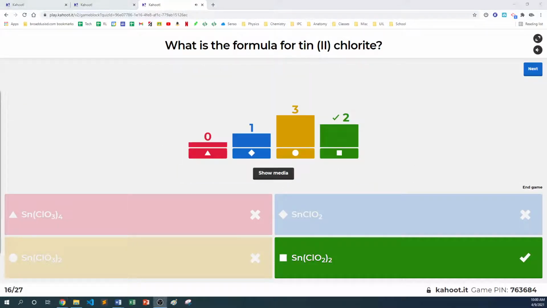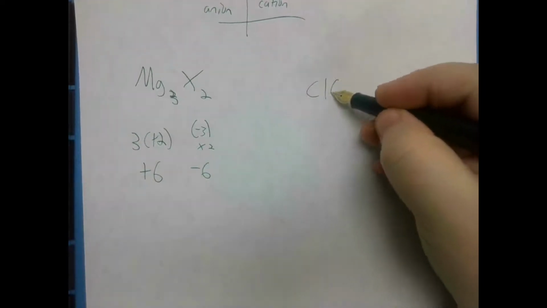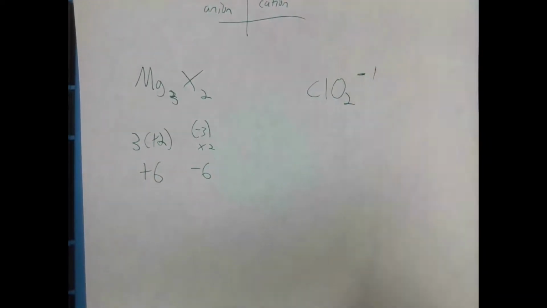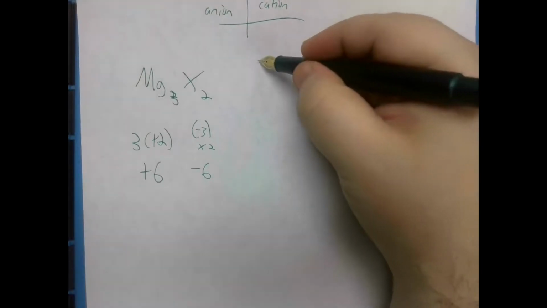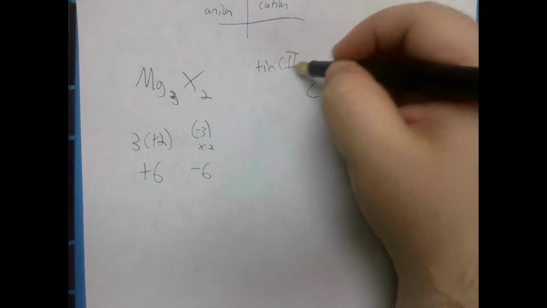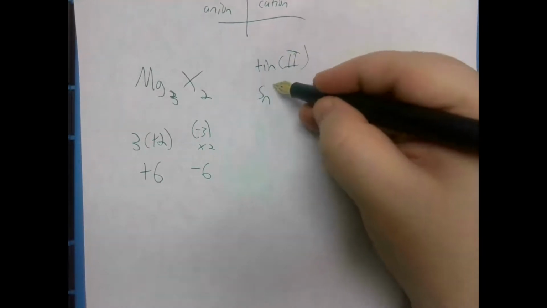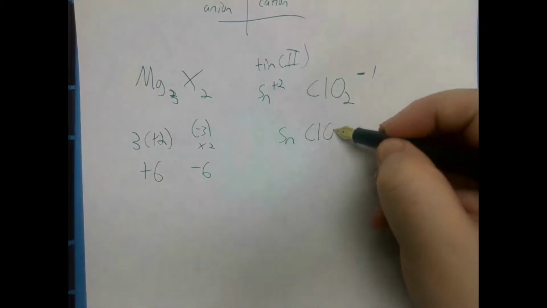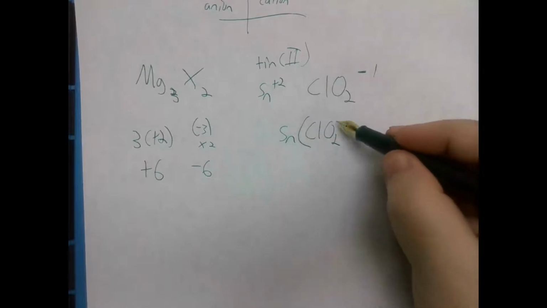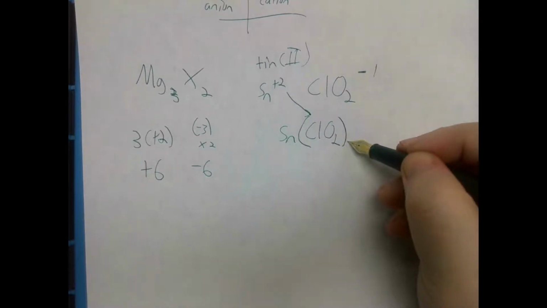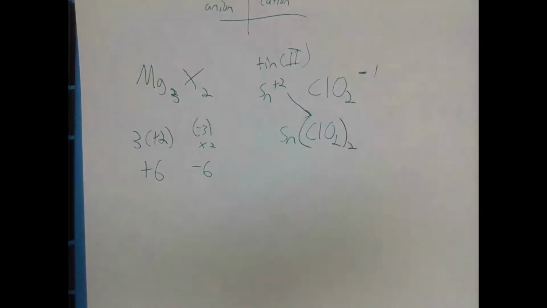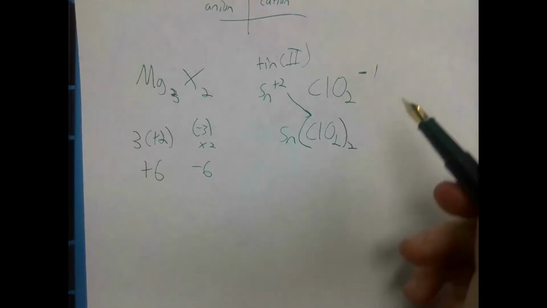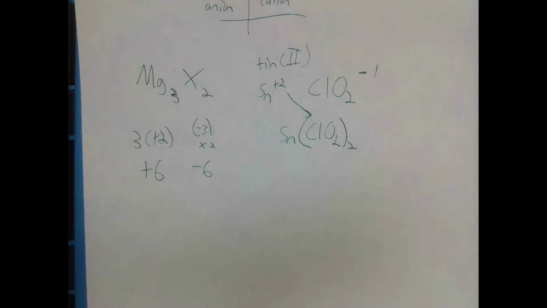So I told you chlorite has a -1 charge. And it said in the name tin(II), so that means Sn plus 2. So when we do our crisscross, we need to come over here and put the 2 on the chlorite. And the 1 we omit.